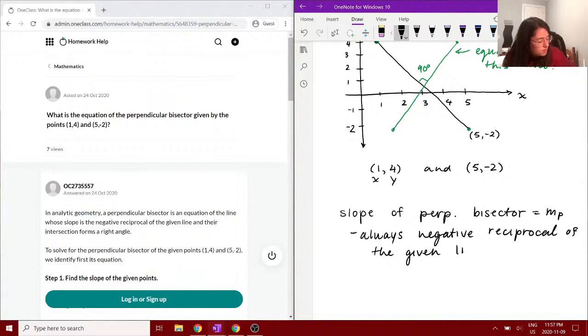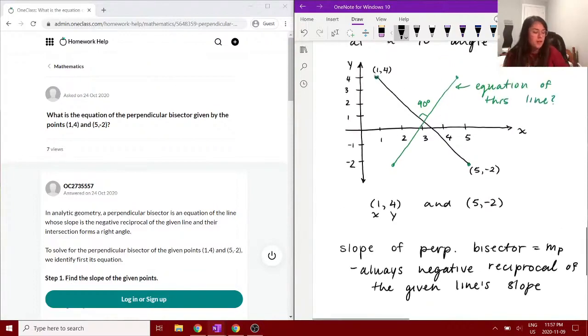So that means we have to find out what the slope of the given line is.